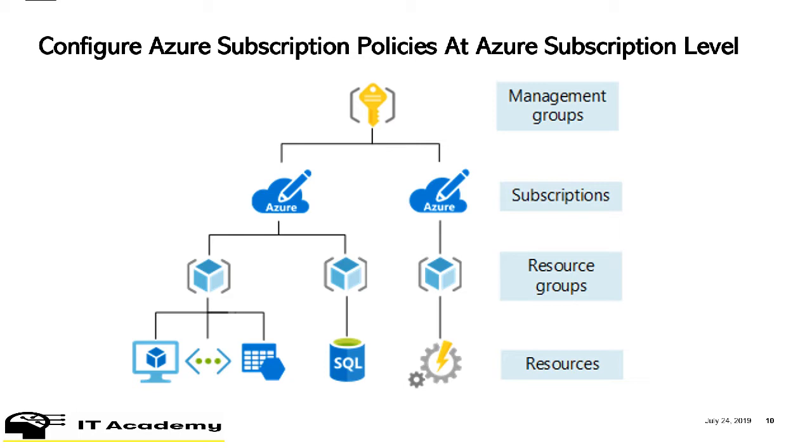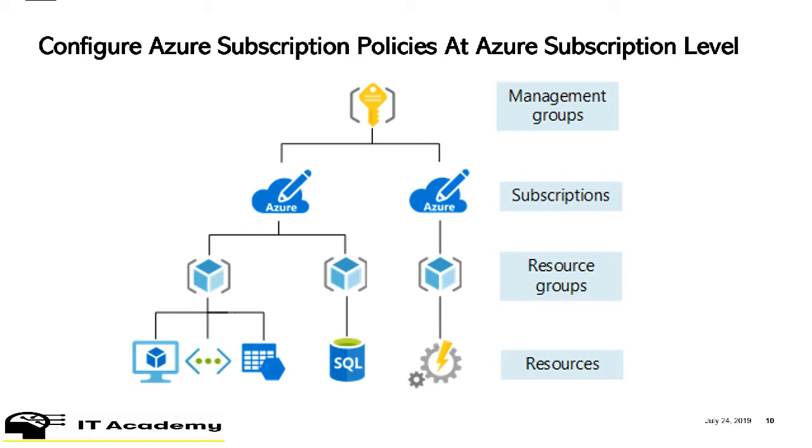It's important to bear in mind that certain policies need to be applied at the subscription level. So, for example, if we apply a policy at the subscription level, that will take effect on all the resources and all the resource groups within that subscription. So the kind of policies you're going to apply at the subscription level are the ones that need to apply consistently throughout the entire organization.